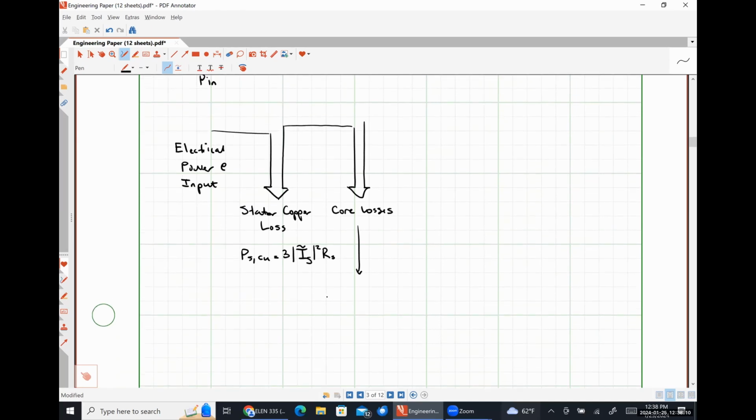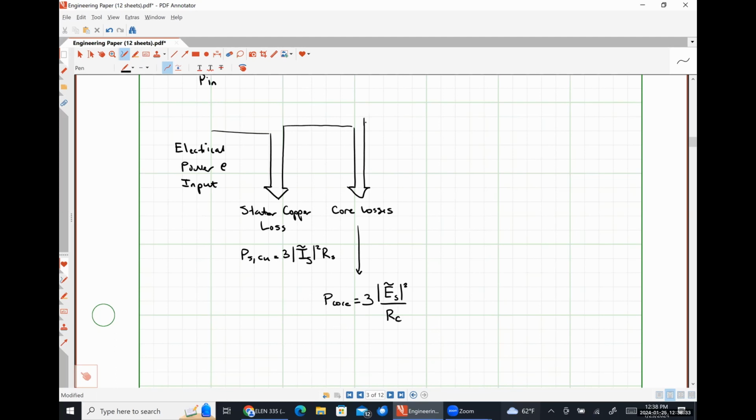So our core losses, P_core, are going to be 3 times our stator induced voltage squared divided by the resistance of our core.